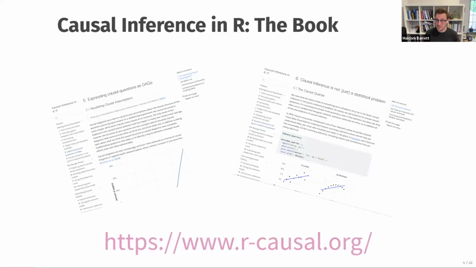It's a work in progress, so you'll see that some chapters are in a completed state, and some chapters are in more of a placeholder state. We're actively working on it. We're hoping that this year will be our last year with the first edition, and that we'll have something ready by the end of the year. But many of the topics that I'm going to talk about today, you can find resources in our book and many other great books for exploring those topics in more depth.